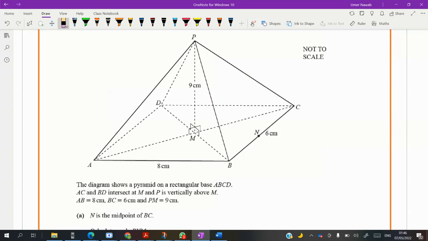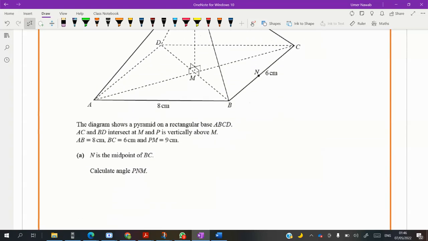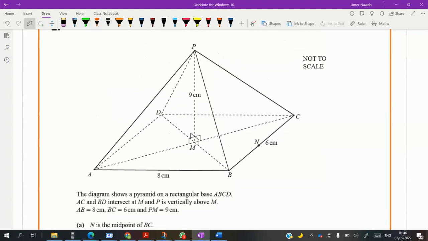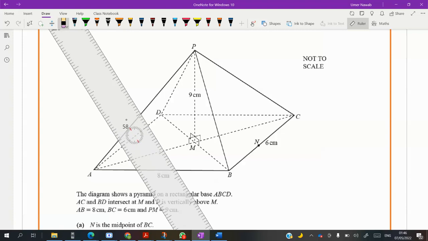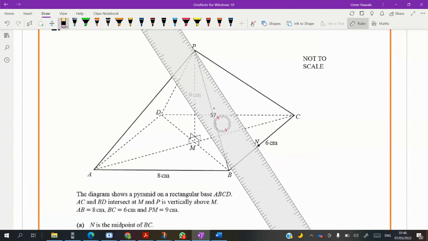Bismillah Rahman Rahim. The first question is, he said that you need to find angle PNM. So PNM, this angle is required. We need to complete a right angle triangle here by using our ruler. So let me draw here, guys.